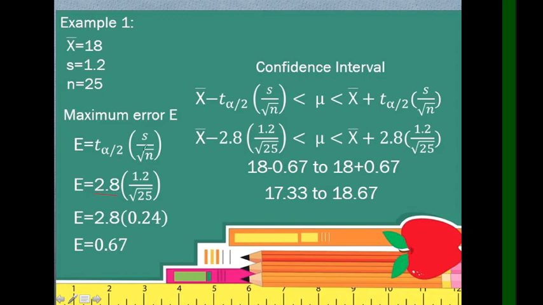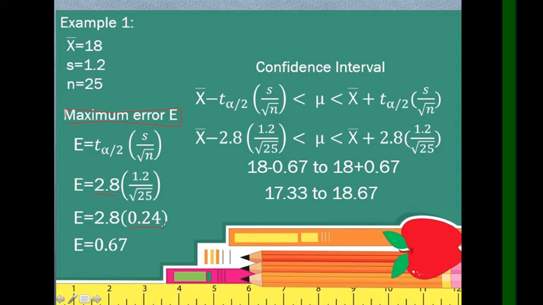The s is 1.2 and this is the maximum or the margin of error E. The n is 25. So 1.2 divided by the square root of 25, you can type it on your calculator, you will get 0.24.